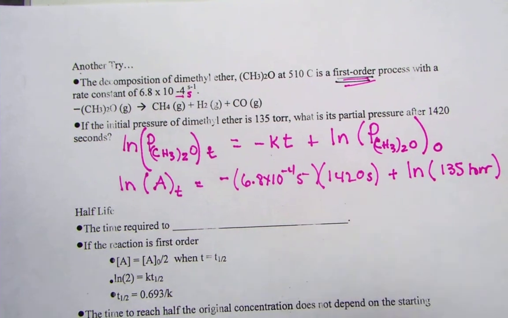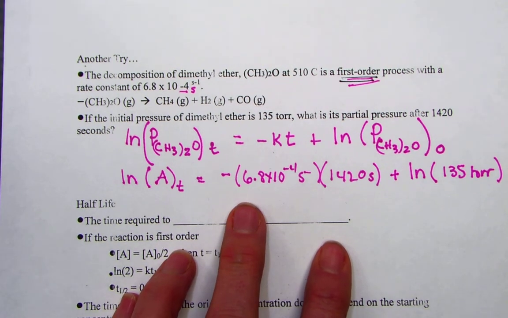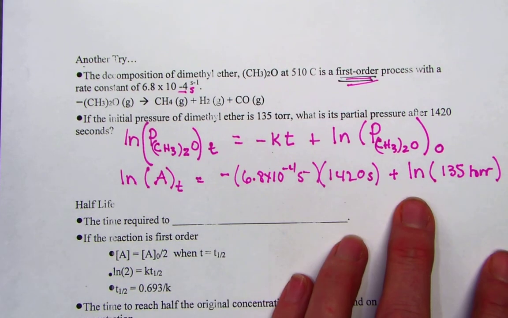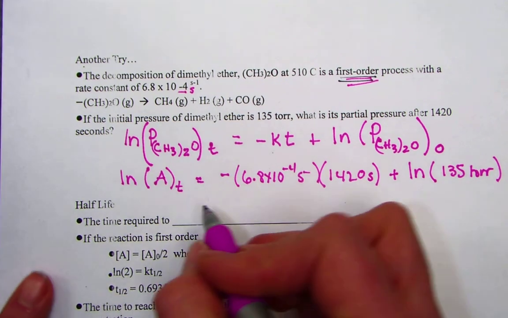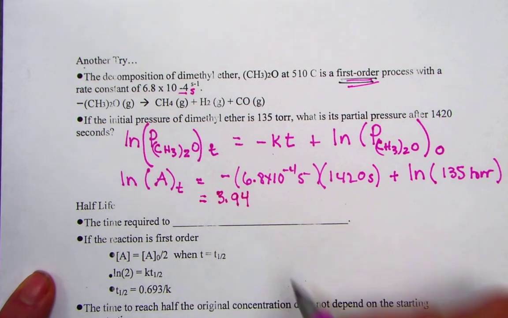When I simplify the right-hand side, let's do that together on our calculator. Negative 6.8, second function E negative 4, times 1420 equals, right now I'm at negative 0.9656, plus, parenthesis, natural log of 135, close parenthesis, equals. Right now, I have a value of the right-hand side simplified as 3.94.